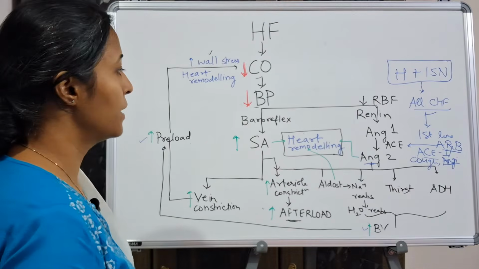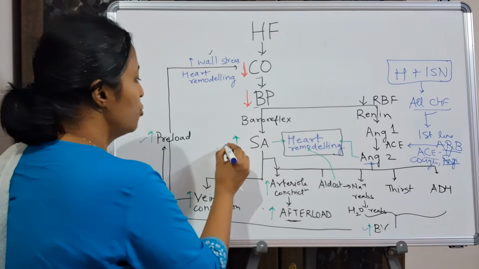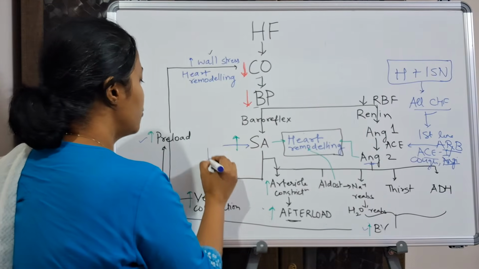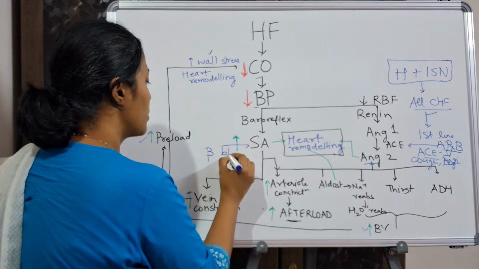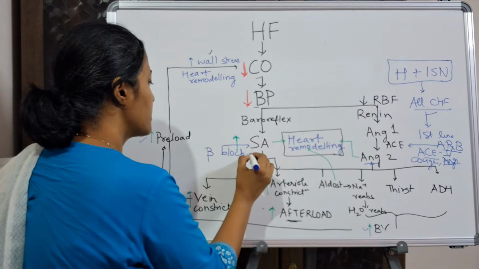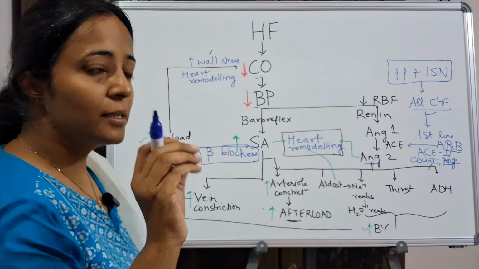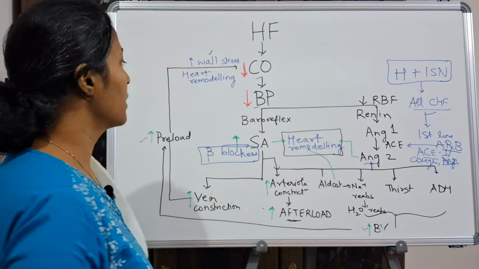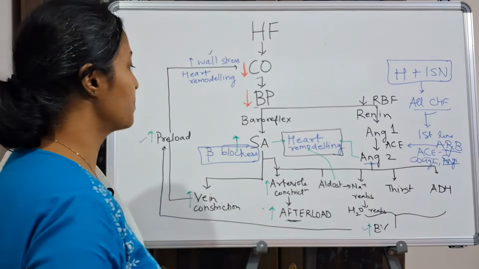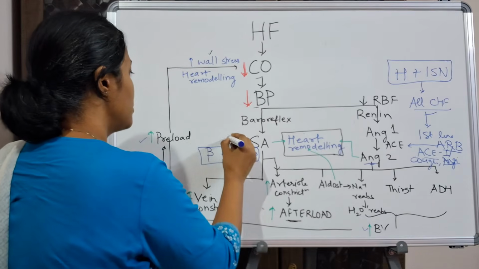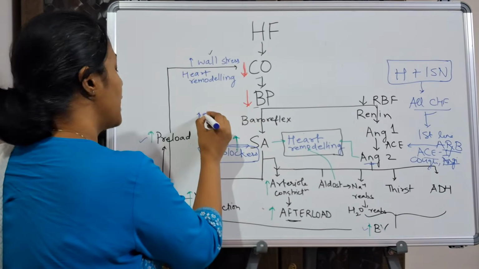So that is first. The second drug which we can use blocks the sympathetic activity, and here we use beta blockers. Now pay attention here because it is a little bit difficult to understand why we are using beta blockers. See, sympathetic activity also increases the heart activity.